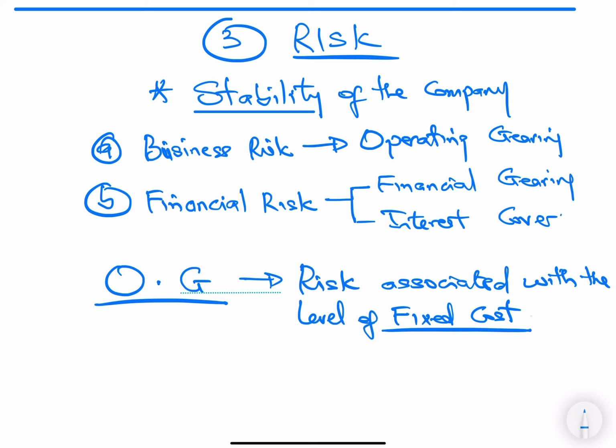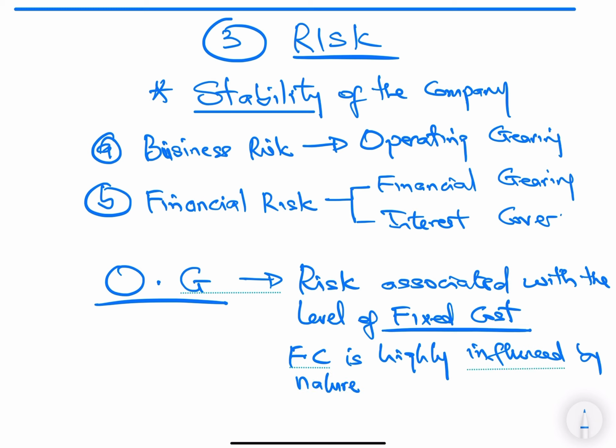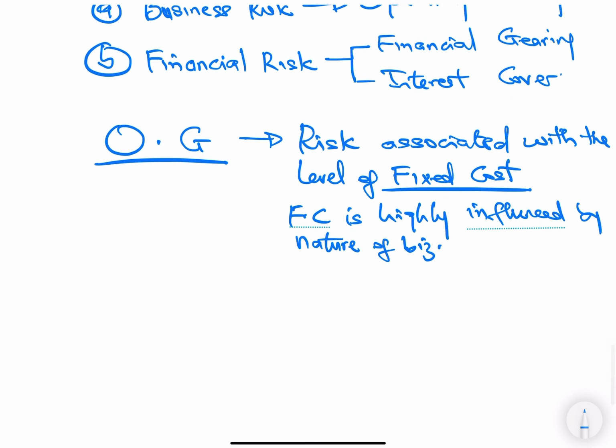Remember that the fixed cost that we're talking about is highly influenced by the nature of the business. Like I was telling you before, if you're in a manufacturing industry, you're going to have a lot of fixed assets, so you expect a lot of fixed cost. And that will increase the volatility of your profit, because the higher the fixed cost, the lower the profit.